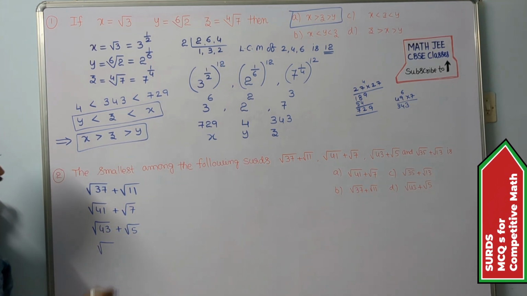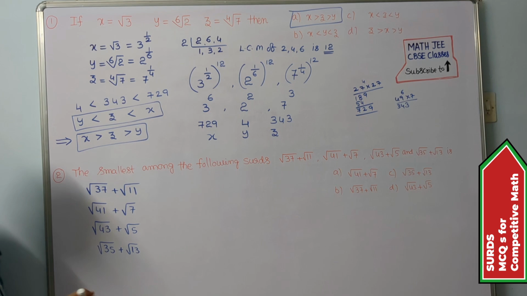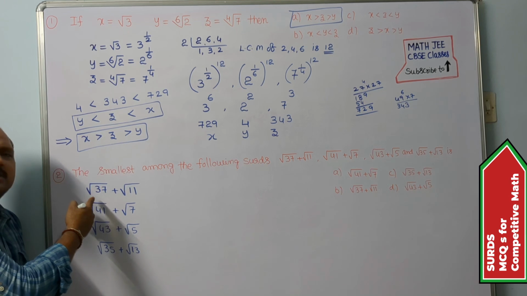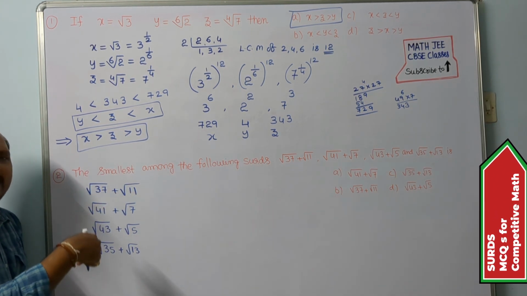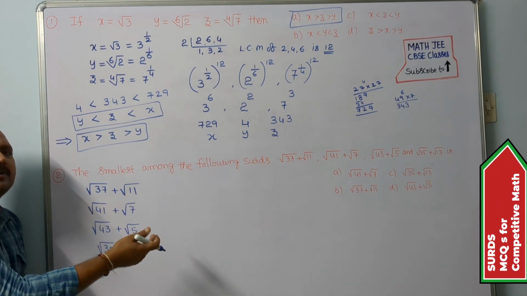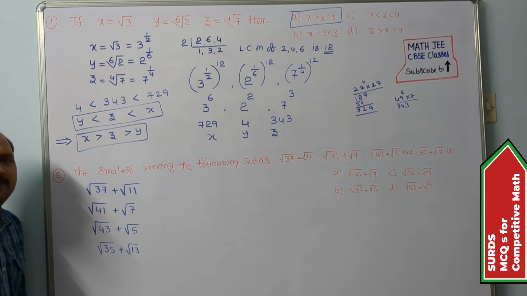And the fourth one, root 35 plus root 13. Generally what we will do: 37 is near root 36, a perfect square, so 6 point something will be there. 11 is near root 9, so it is 3 point something. 6 point something plus 3 point something will be 9 point something. Generally we will do it this way.